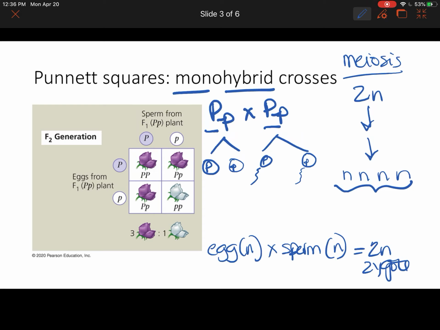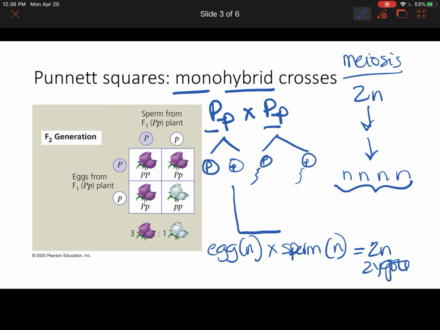Okay, so mom's egg cells will either have a dominant P allele or a recessive P allele. Dad's sperm cells will either have a dominant P allele or a recessive P allele. Those are the only possibilities with respect to the P gene, the P color gene, for these two parents.